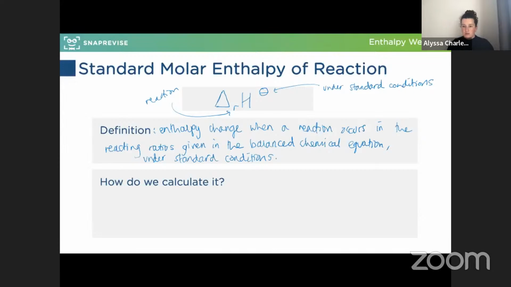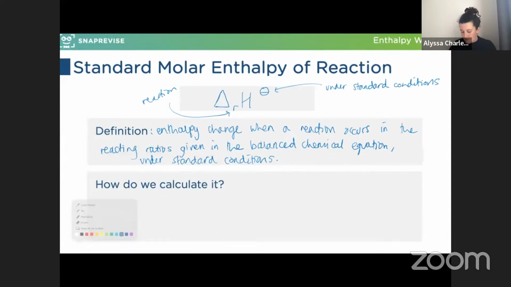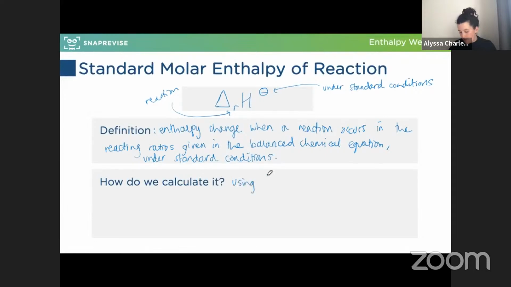We use Hess cycles or enthalpy cycles, they're also called. Hess cycles or enthalpy cycles. And there are two different types of data we can use, which can come in really handy.